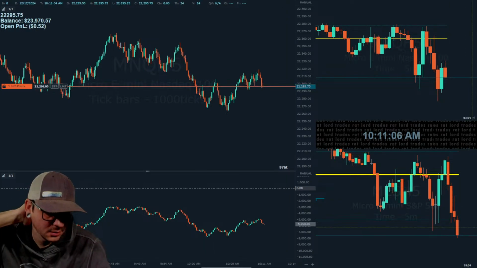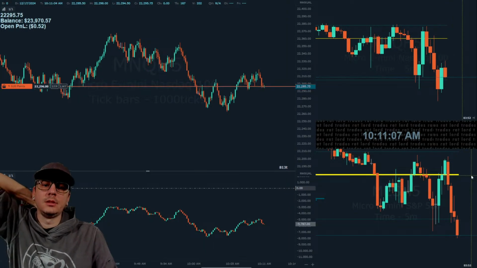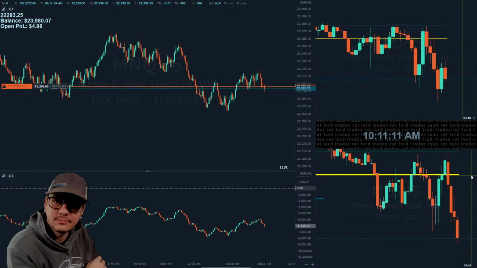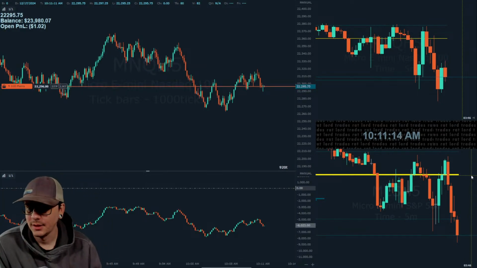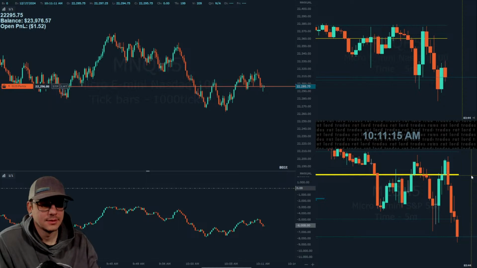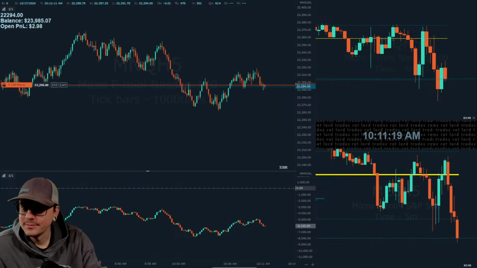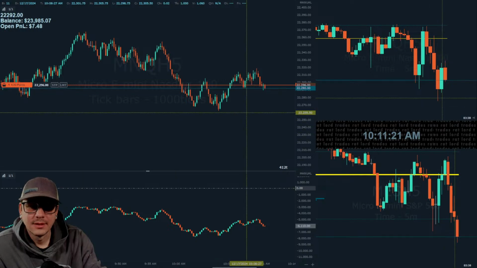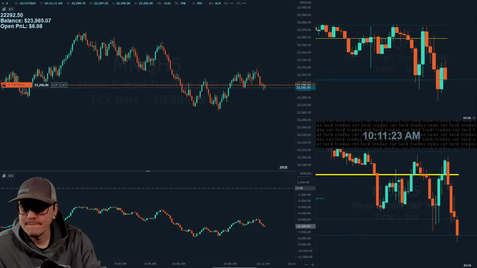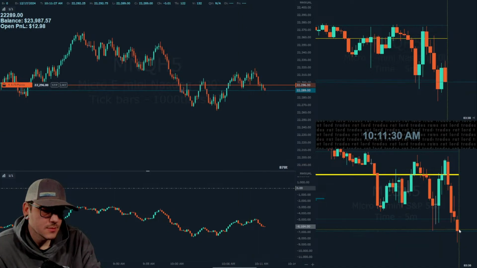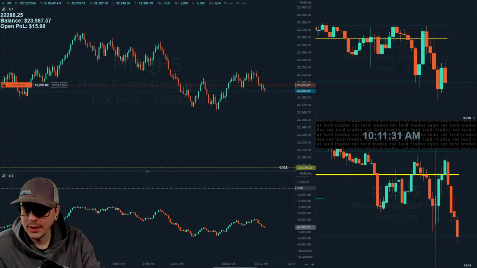ES left it up there too. Oh, ES is making lower lows though. Now you're going to short, McLovin. You got the breakout of that?